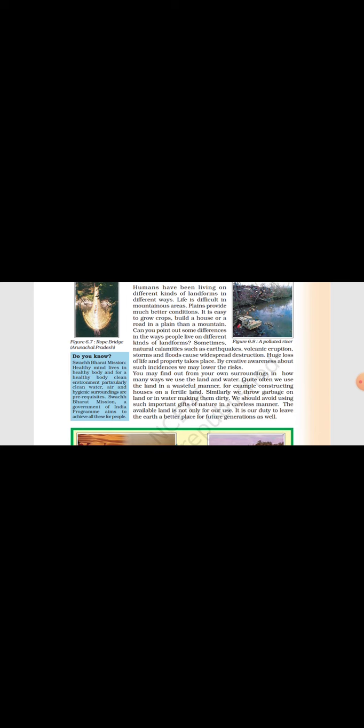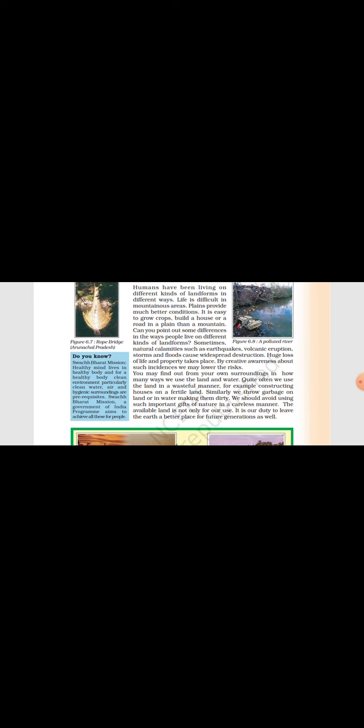Similarly, we throw garbage on land or in water, making them dirty. We throw garbage here and there, and also in the river, which causes land pollution and water pollution also.